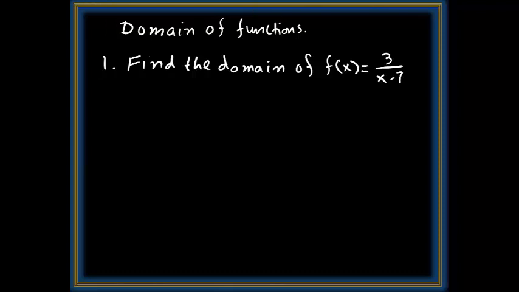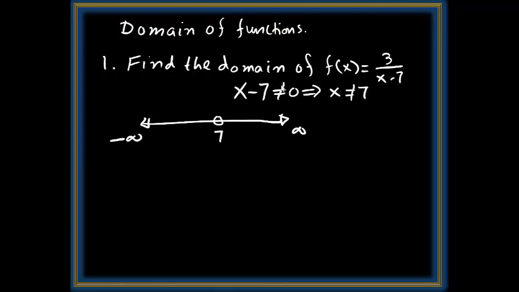And let me show you how to write the domain using interval notation. So we show it like x minus 7 not equals 0. That means x cannot be 7. And it is very obvious. Now on the real line, we start on the far left, negative infinity, and far right will be positive infinity.